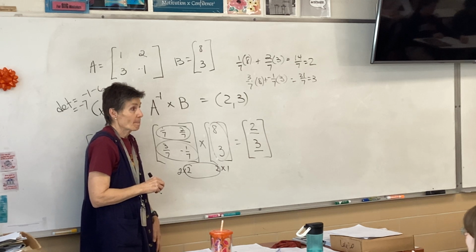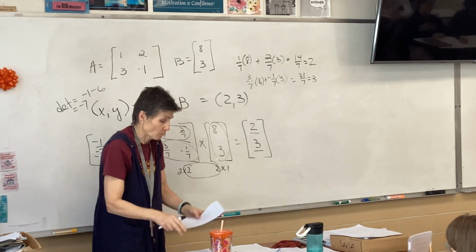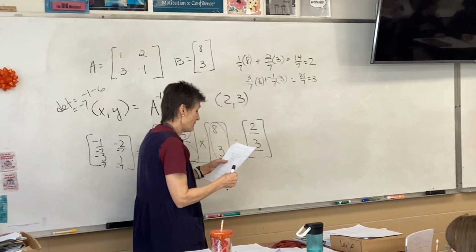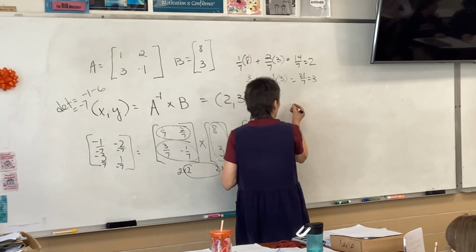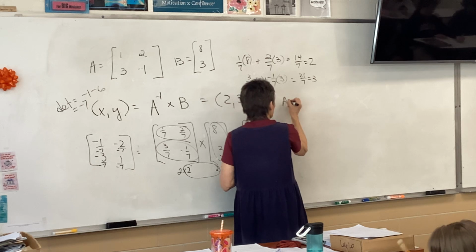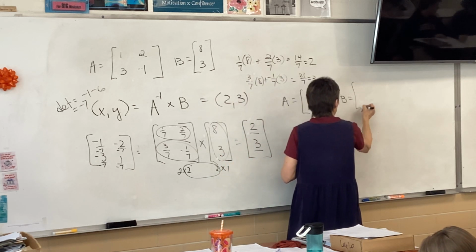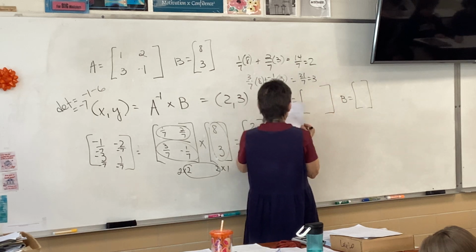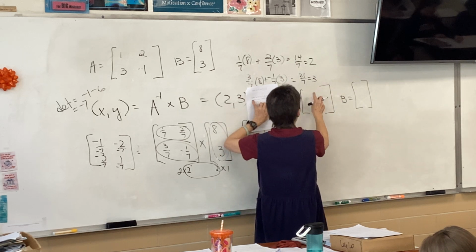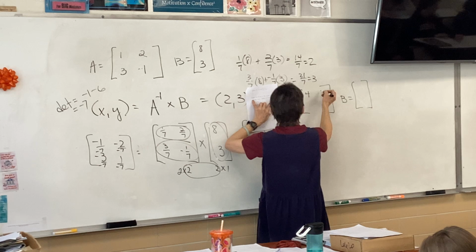Okay. All right, let's try the next one. We have time for one more. Problem B. So we start by figuring out what is going to be matrix A and what is going to be matrix B. For problem 1B, matrix A is 4, 3, negative 2, negative 1.